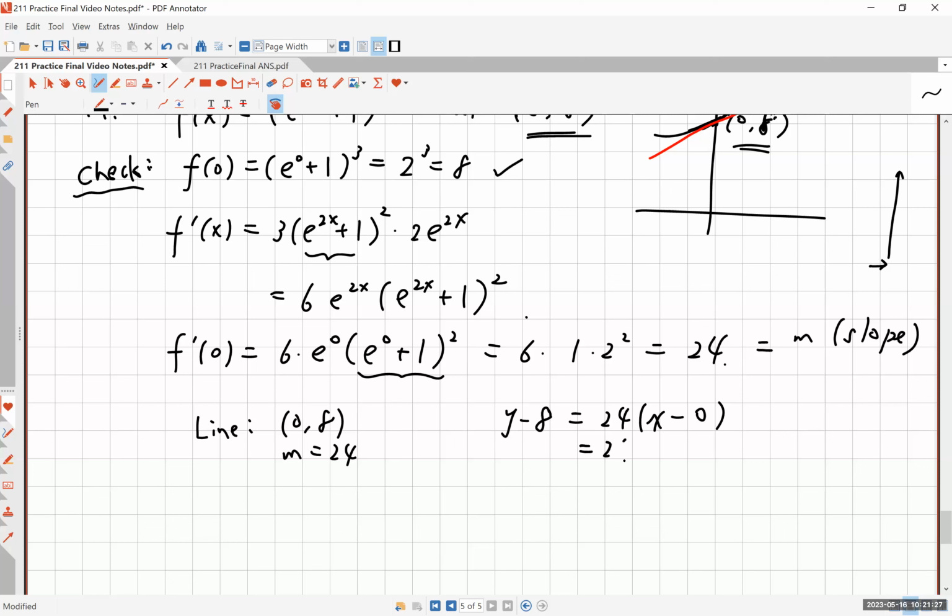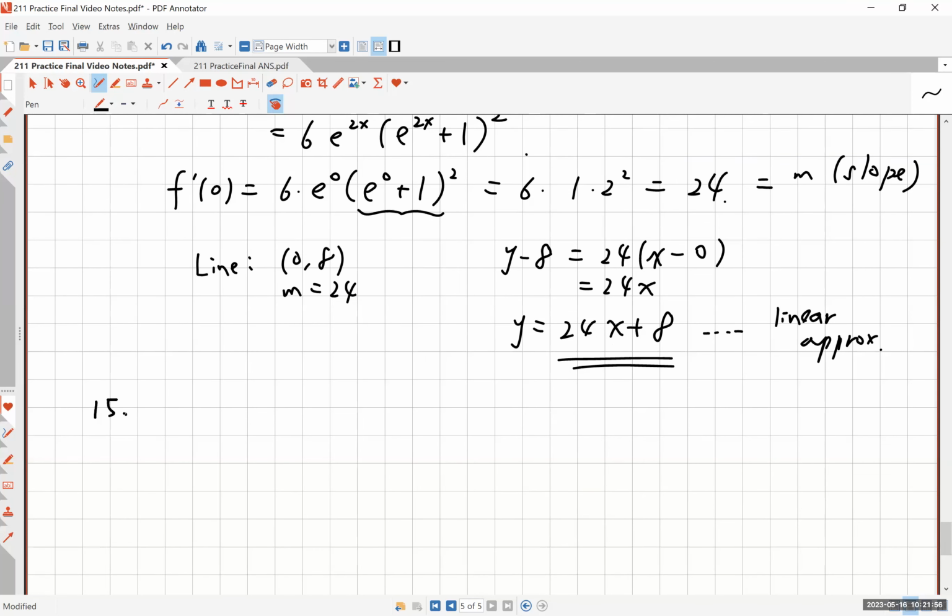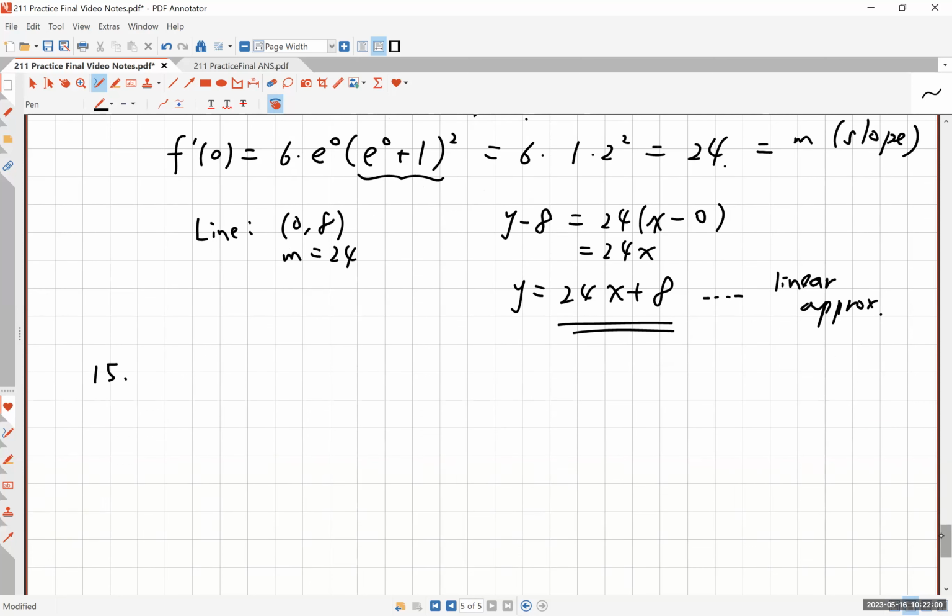So this is just 24x, and so y is 24x plus 8. Clearly, this one goes through (0, 8), and this will, by the way, give you a linear approximation, sometimes called a linearization, of this function f at points close to (0, 8). Okay, so that's how you can use that if you are interested in linear approximation. This problem does not ask you to do that, but that's the same thing.